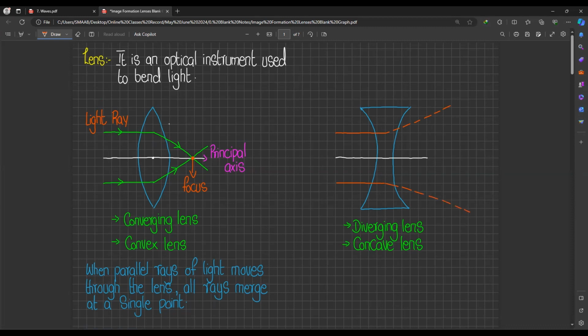And we know that these light rays will never intersect with each other. So that's why in a concave lens, a virtual image will form, and in a convex lens, a real image will form.